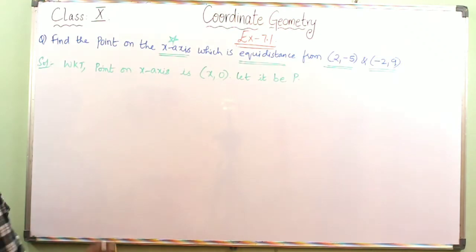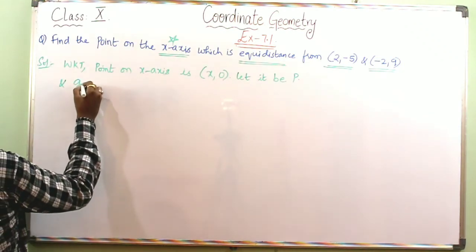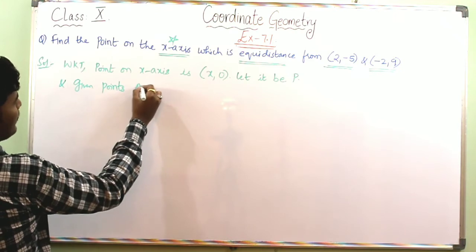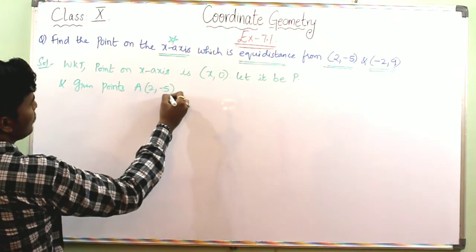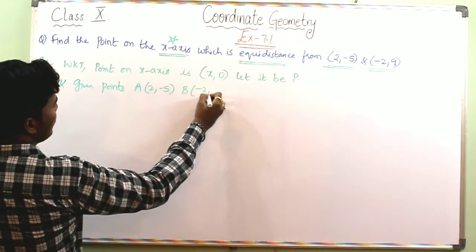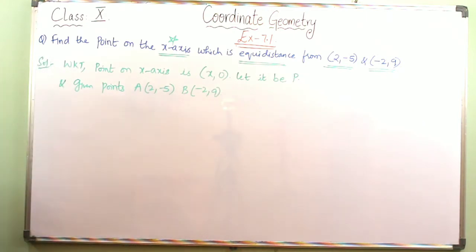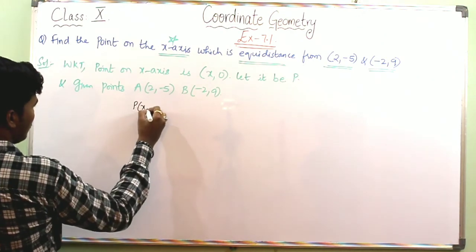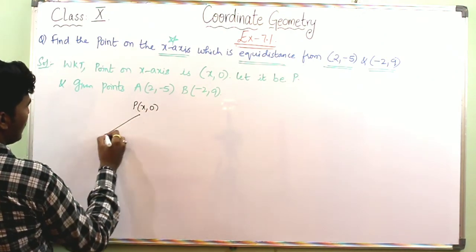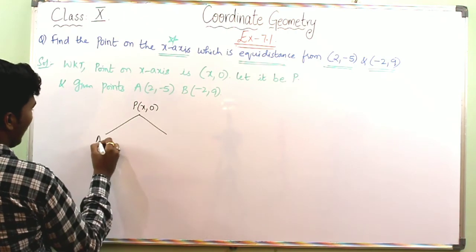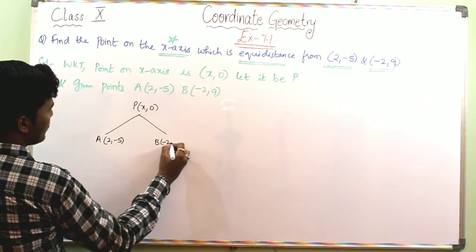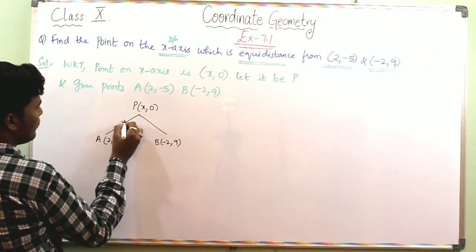Okay, and given points A 2 comma minus 5 and B minus 2 comma 9. So it is given that from this point P, that is x comma 0, the other 2 points A 2 comma minus 5 and B minus 2 comma 9 are at equal distances.